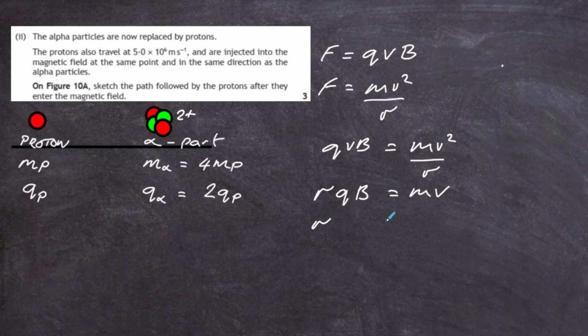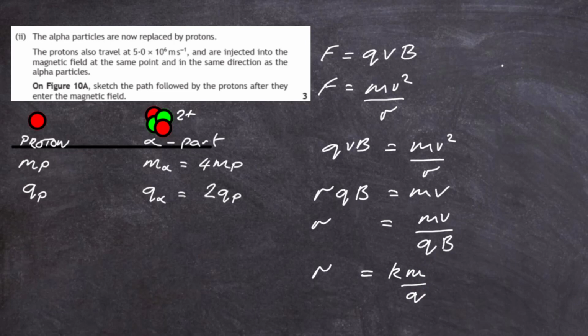So we can rearrange to find the radius, and it's going to be mv divided by q times B. Now, as was said in the question, the speed and the magnetic induction for the field are exactly the same. So really the radius is going to depend on the following. The radius is going to be equal to some constant k times just simply m divided by q.